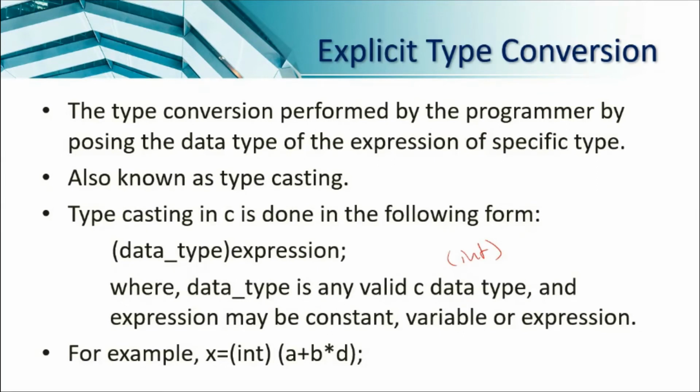It can be integer, character, or double, etc. Any data type can be put inside these brackets. Then the next one will be some expression. It can be a only, a variable a can be given. The expression may be a constant or a variable or again an expression itself.